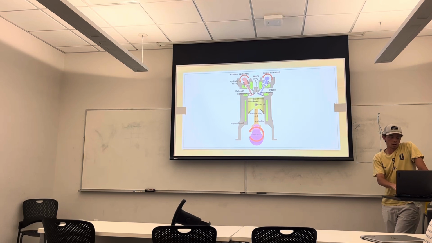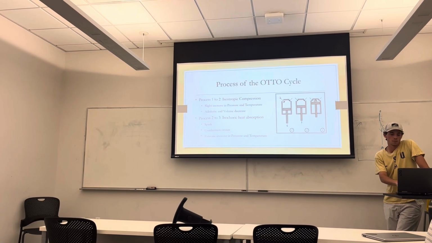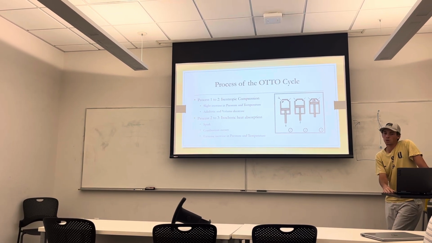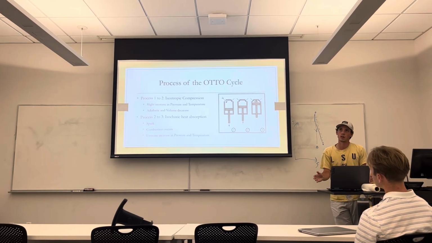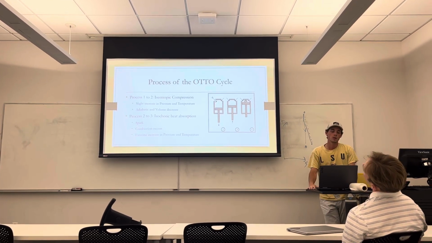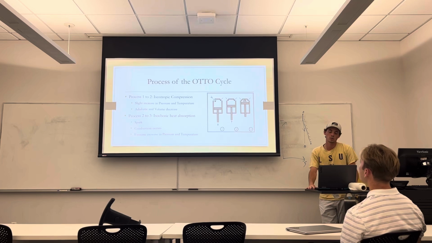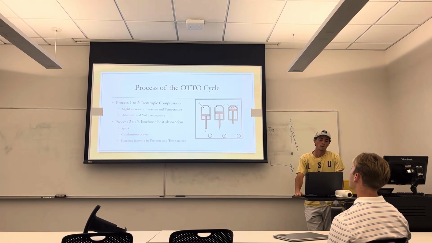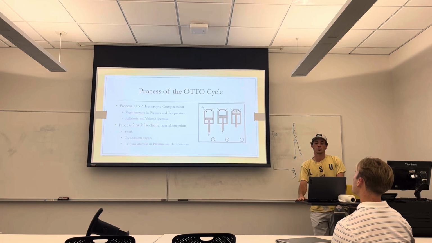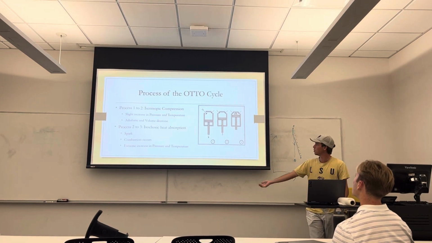And just to go into a deeper dive into the process of the Otto cycle. You have steps, and from 1 to 2 is your isentropic compression, so entropy stays constant.